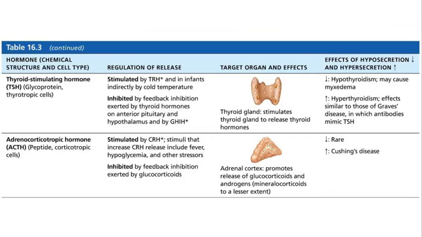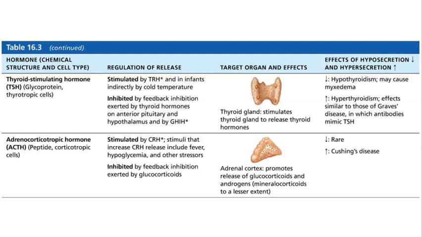So next we will examine thyroid stimulating hormone, which is abbreviated TSH. This is another hormone that's produced by the anterior pituitary, and therefore its release from the pituitary is controlled by the hypothalamus. The anterior pituitary is stimulated to secrete this hormone when the hypothalamus secretes thyrotropin-releasing hormone, which is known as TRH.